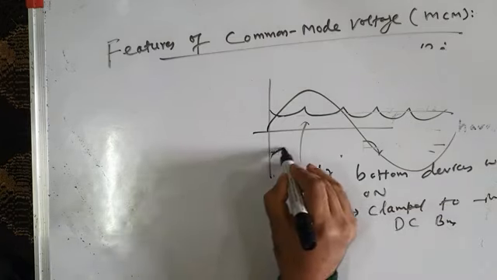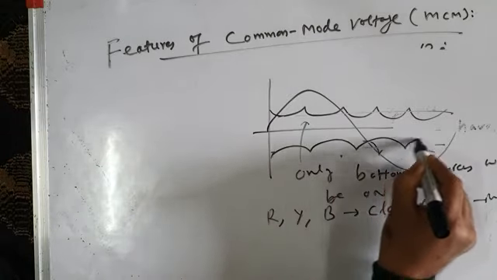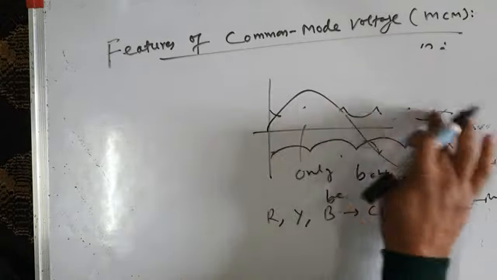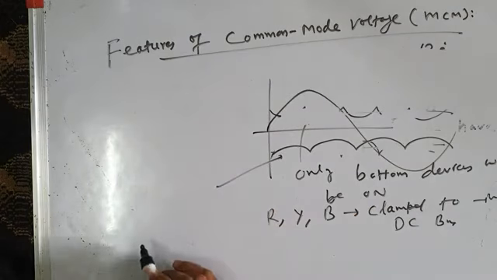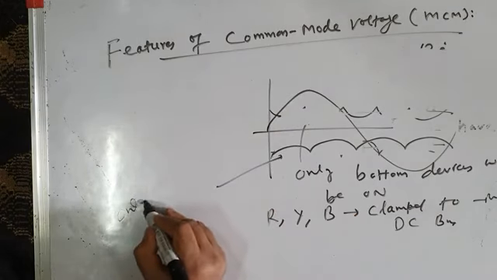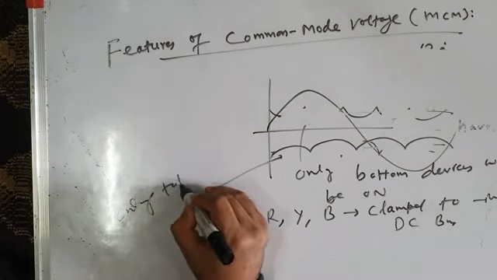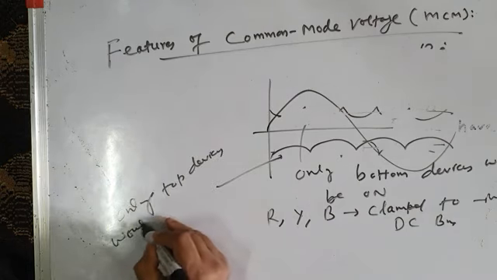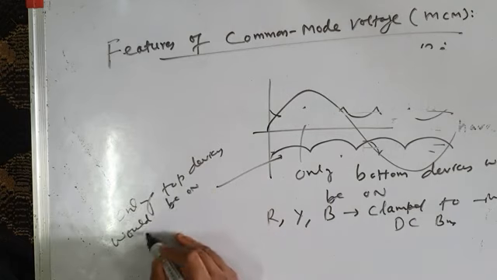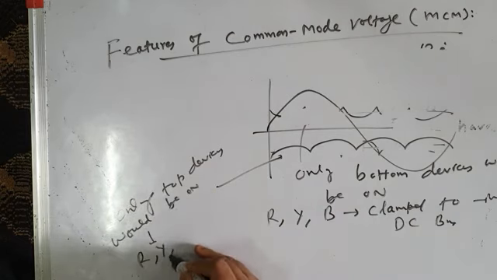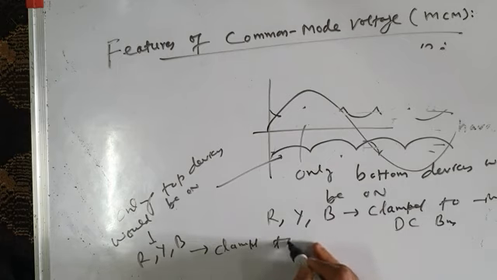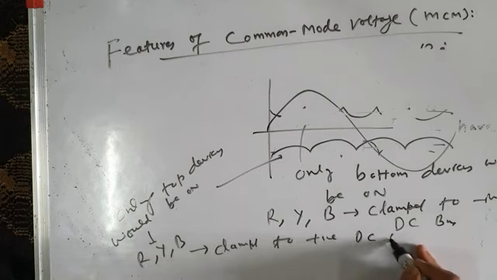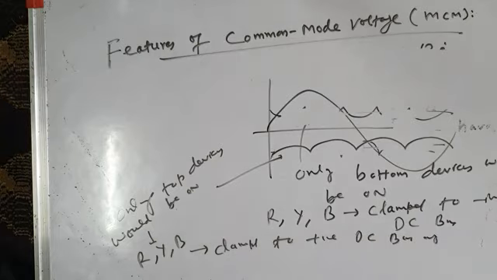On the other hand, अगर आपकी ये what we call as common mode signal ऐसे होती, नीचे की तरफ होती, this would have caused only top devices to conduct, only top devices would be on. That means आपकी तीनों phase legs R, Y, B would have been clamped to positive DC bus only, not negative DC bus.